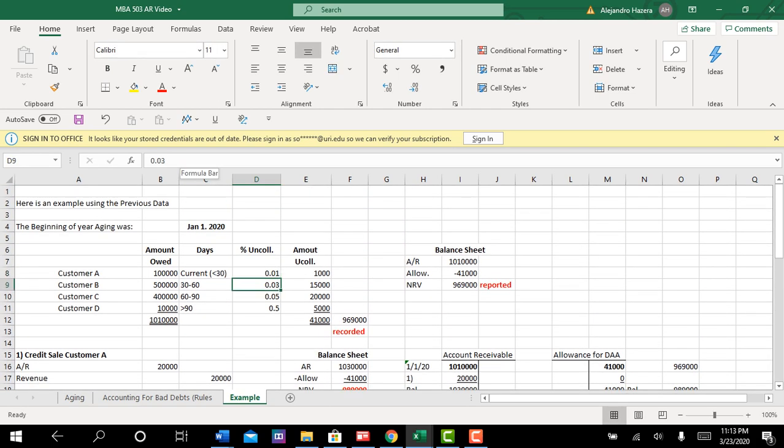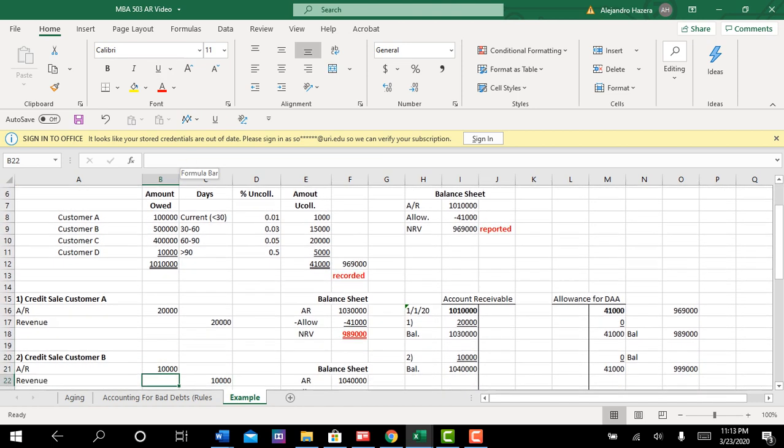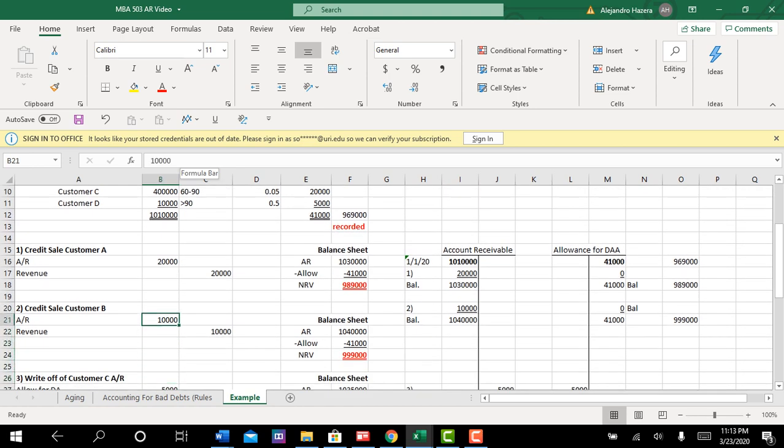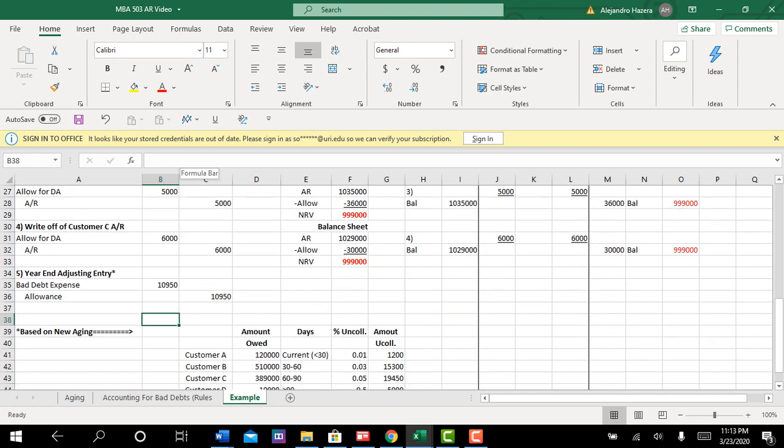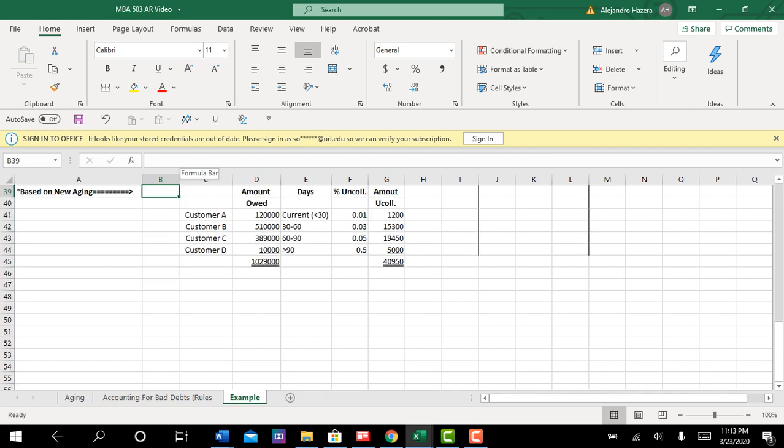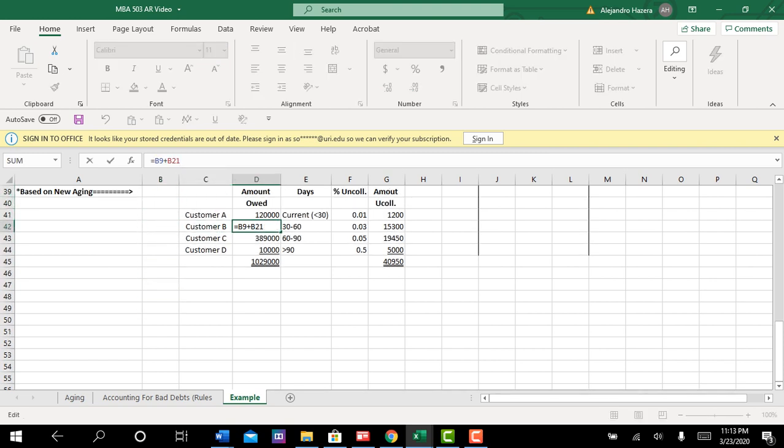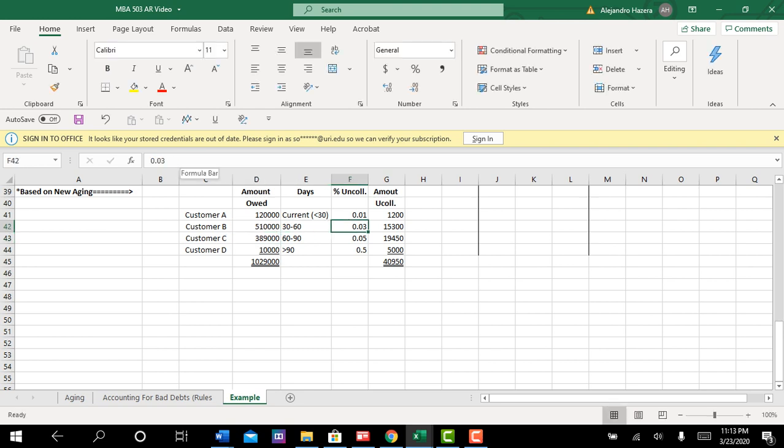Notice that B9 is $500,000, B21 is $10,000. So customer B now owes us $510,000. It's $500,000 plus $10,000, which taken times the same percentage, 3%, is also going to change the amount that we deem to be uncollectible in the future.